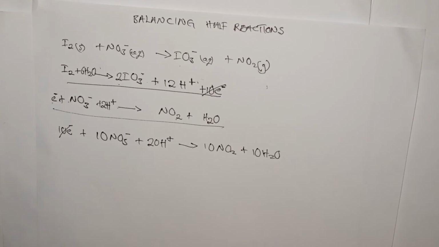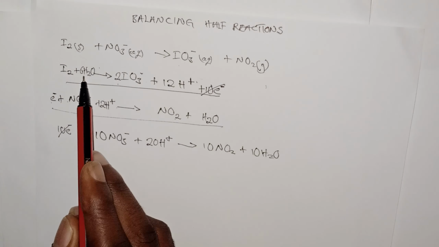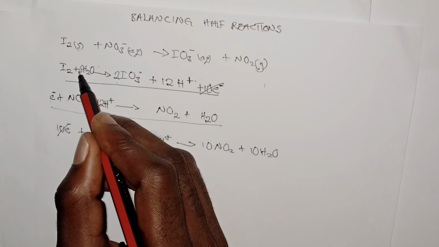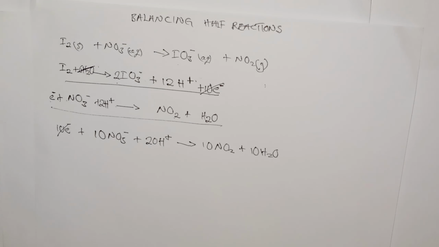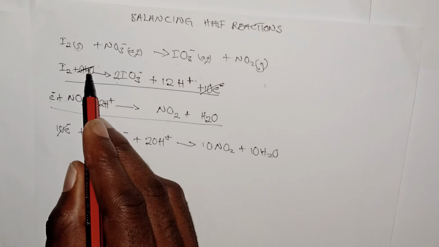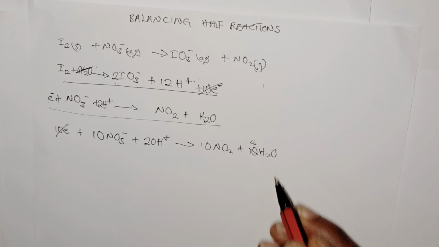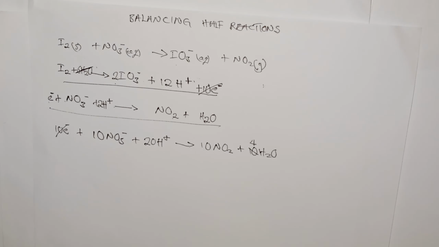Another thing that we have to consider is that here we have 6 water molecules and here we have 10. Since they are on opposite sides, we are not going to add them but cancel them. Here they will disappear, but here we are going to remain with 4 water molecules, right?